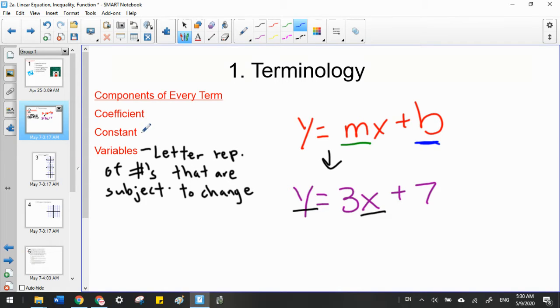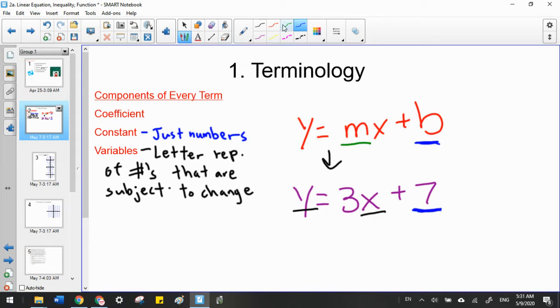Constants are the numbers that are simply just the numbers themselves. They're not multiplying any variables, they're not attached to any variables, they're simply numbers that are always going to stay exactly the same. So in this scenario, my 7 would be the constant.